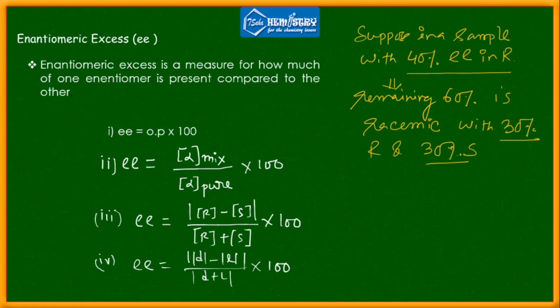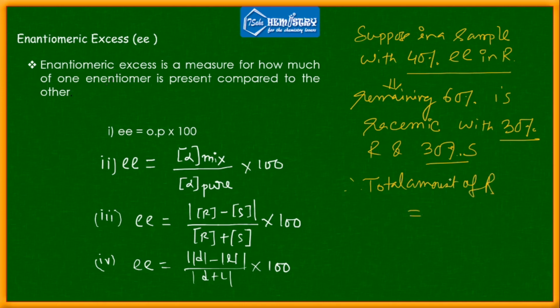A racemic mixture has equimolar amounts of the plus and minus isomers, or R and S isomers, right? Now, what is the total amount of R?